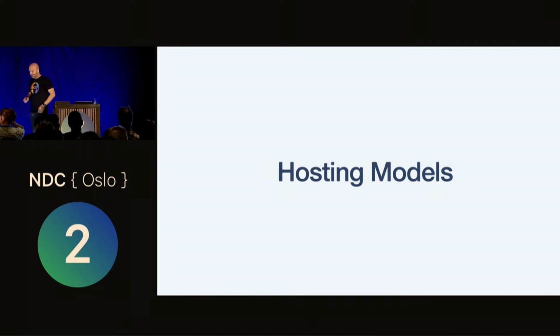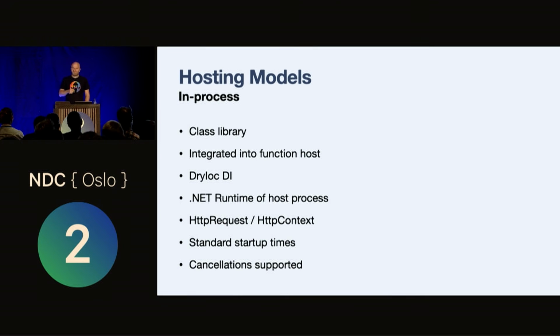Last but not least, there are two hosting models, and they are a bit confusing in .NET. That's why I cleared it up for you. There's the in-process model, which is essentially the legacy model, but it has some benefits. The drawbacks are that you're running in the same host as the Azure function, and that means you have to be a bit more careful about what assemblies you're using, and the DI is actually different and not the standard DI that we use in ASP.NET Core.